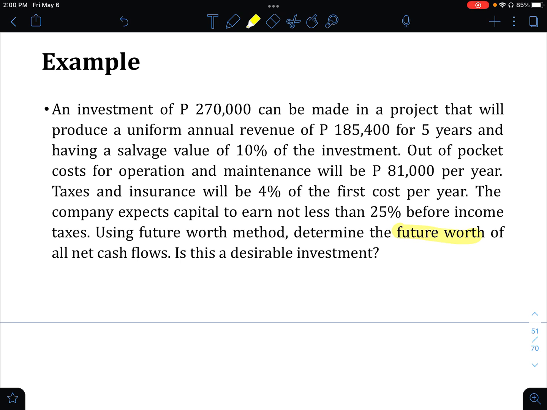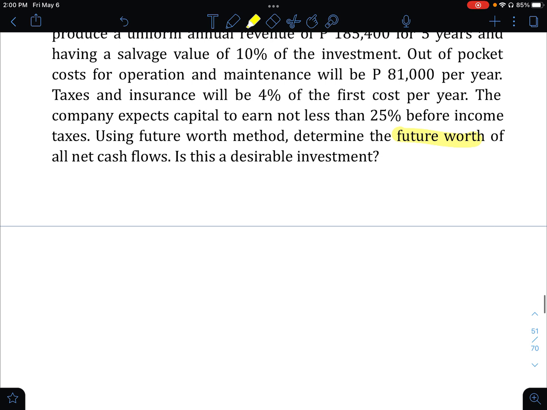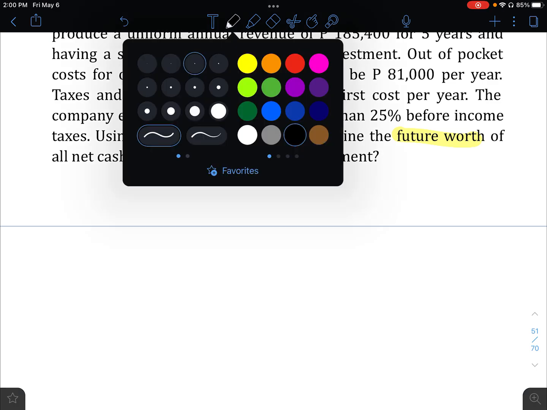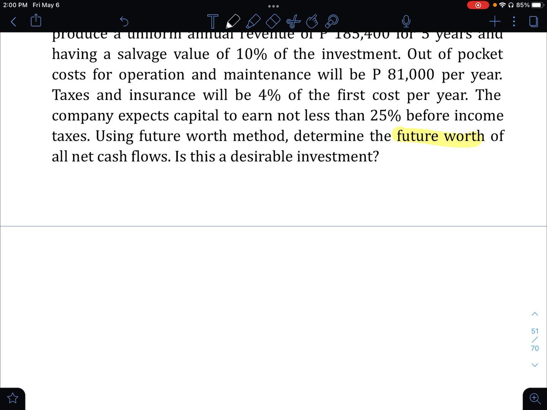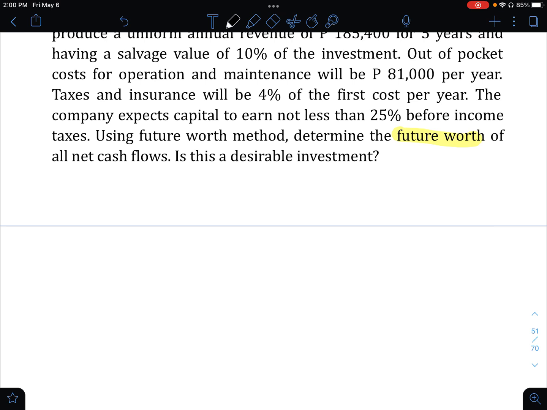Remember, for getting the future worth, it is comparable to the present worth method, except inflows and outflows are compounded forward to a reference point, which is the future. So the future worth method is associated with getting the future worth, which we discussed before.